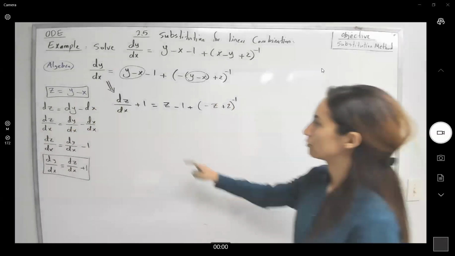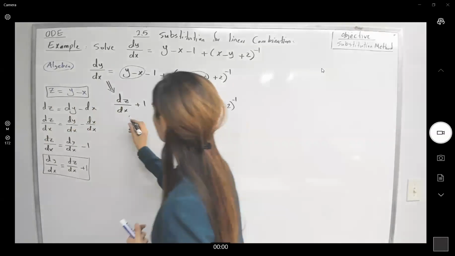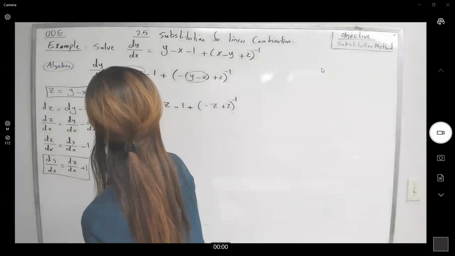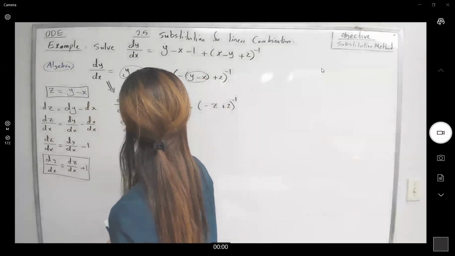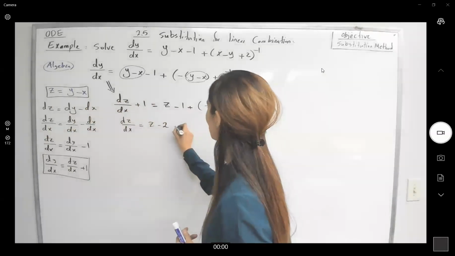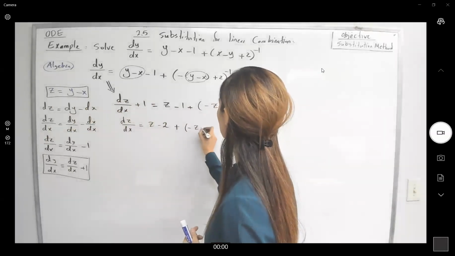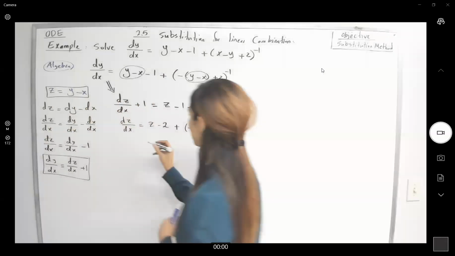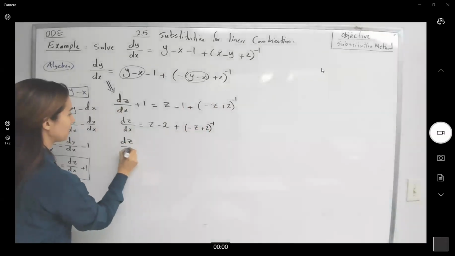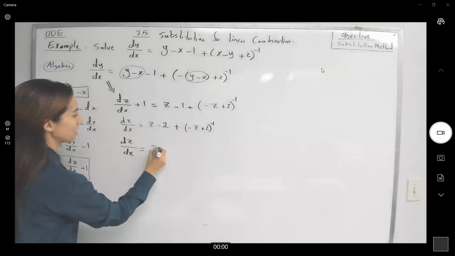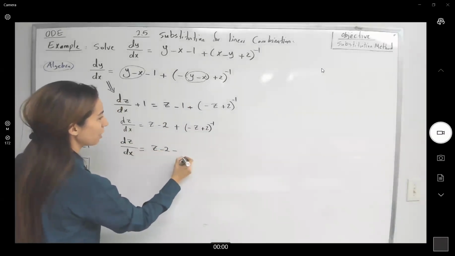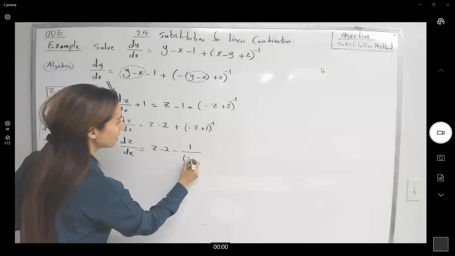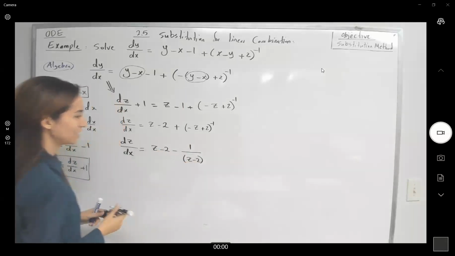Very well. If you subtract 1 from both sides, dz/dx becomes z minus 2 plus (negative z plus 2) to negative 1, or dz/dx becomes z minus 2 minus 1 over z minus 2.